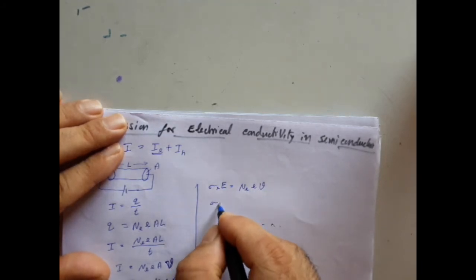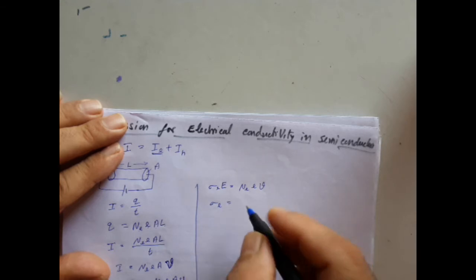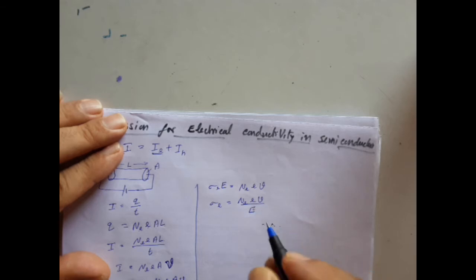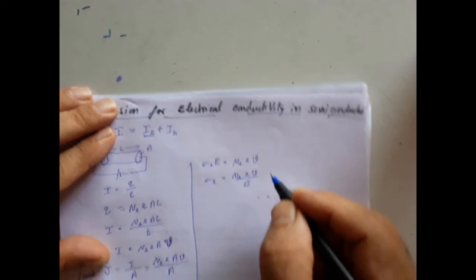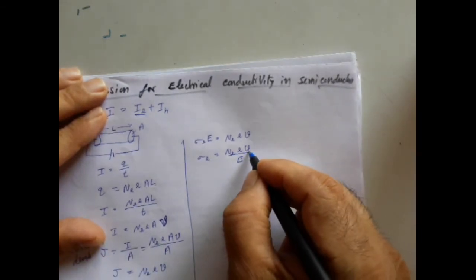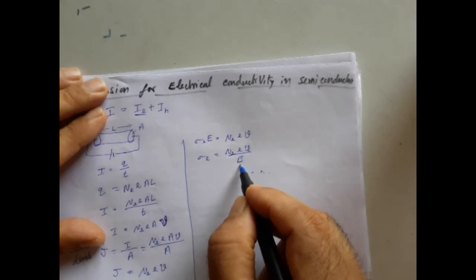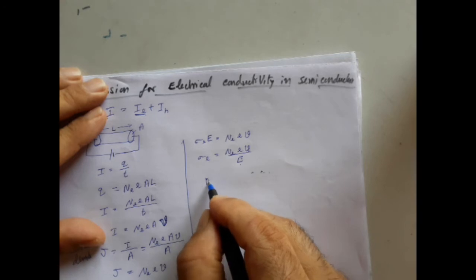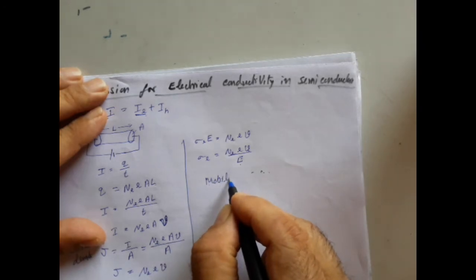Therefore, what is sigma e? That is the conductivity of the electrons, which is equal to Ne into e into v divided by E, where v is the drift velocity and E is the electric field. And according to the definition, we know a term called mobility.